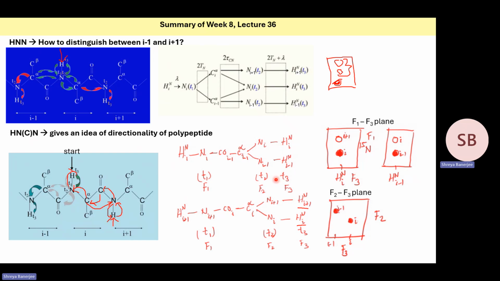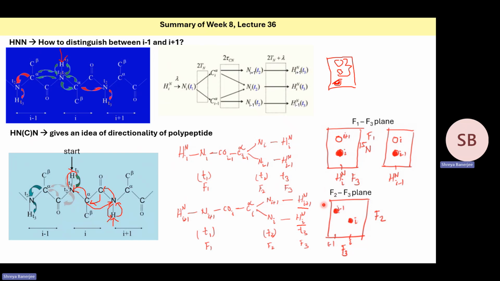Suppose you're taking the cross section at a constant value of F2. The F1, F3 plane will give you two peaks, a self peak, that is I, shown in red here, and a sequential peak with the I plus 1 residue, that is the next residue, shown in open circle here. Similarly, if you start from I minus 1, you will get I minus 1, the self peak, and you will get the peak of the next residue, in this case, I.